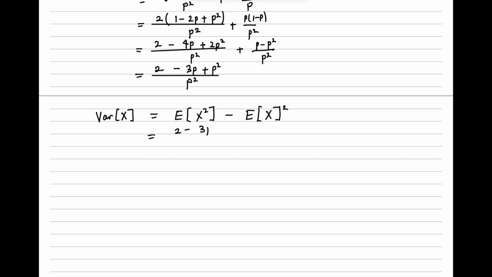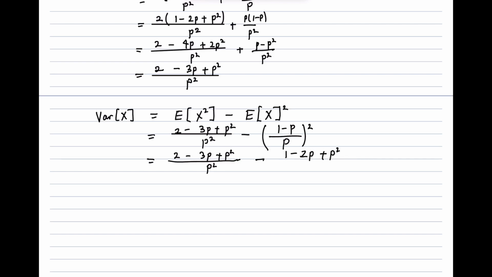This becomes 2 minus 3p plus p squared all over p squared minus, and of course we've got 1 minus p all over p, all squared, which is equal to 2 minus 3p plus p squared all over p squared, minus, expanding the top function here, 1 minus 2p plus p squared all over p squared, which is equal to, now let's do some cancellation.